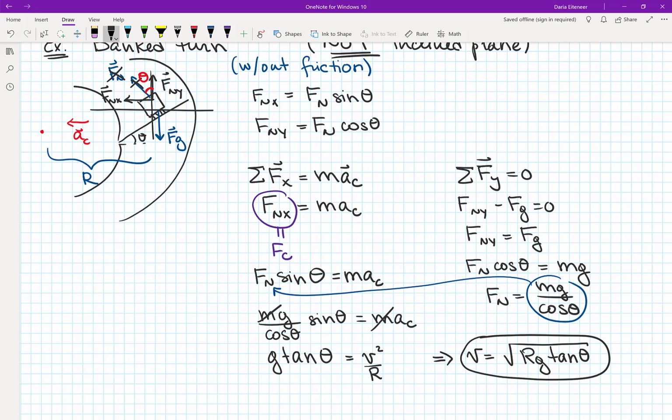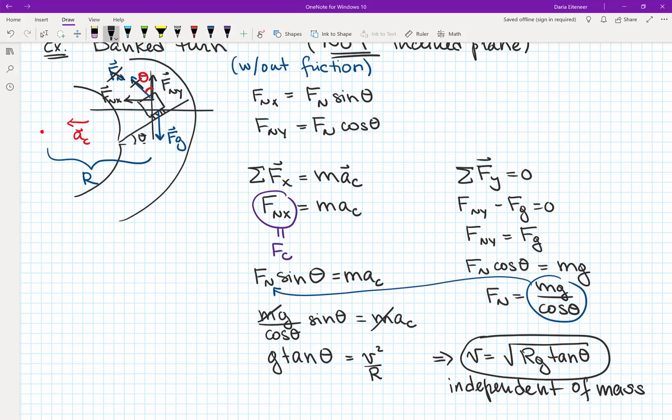So that speed limit is based on geometry, as in the radius of the turn and the banking angle. Okay? Now, in reality, it's a bit more complicated than that. So even though this equation is independent of mass, it's still a bit oversimplified.